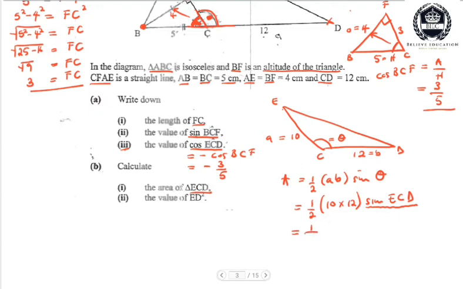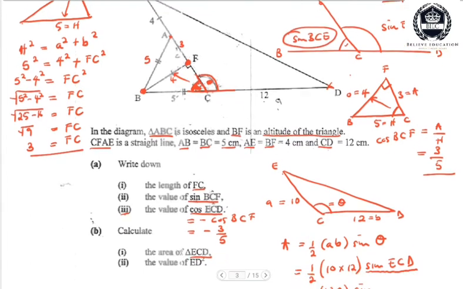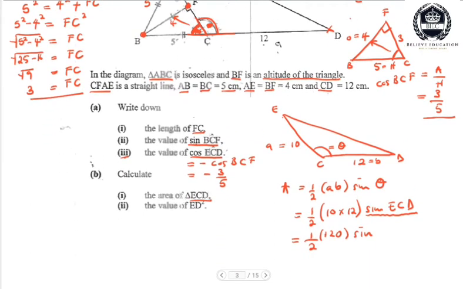So this one becomes half of this one, 10 by 12, that's 120. Then that would be sine of, then I go and take what? This one, which is sine BCE.